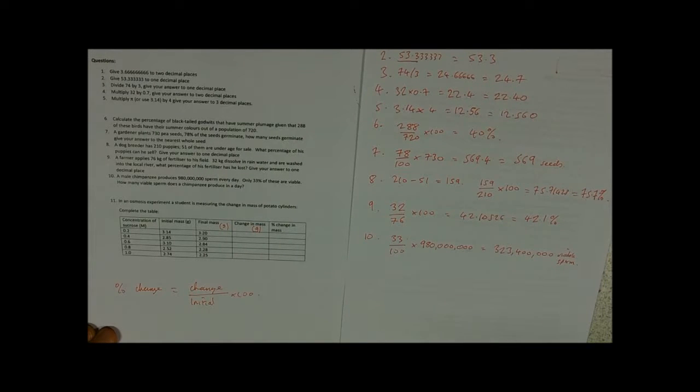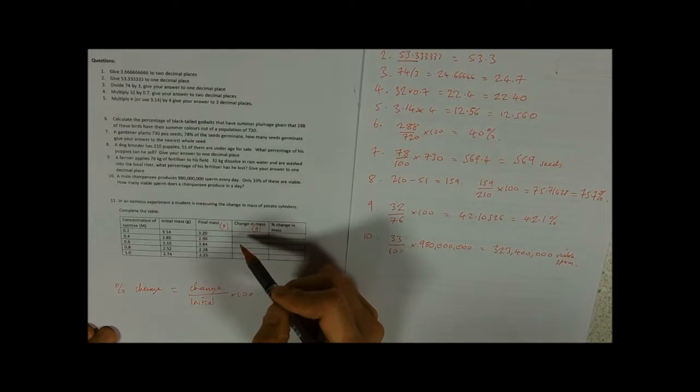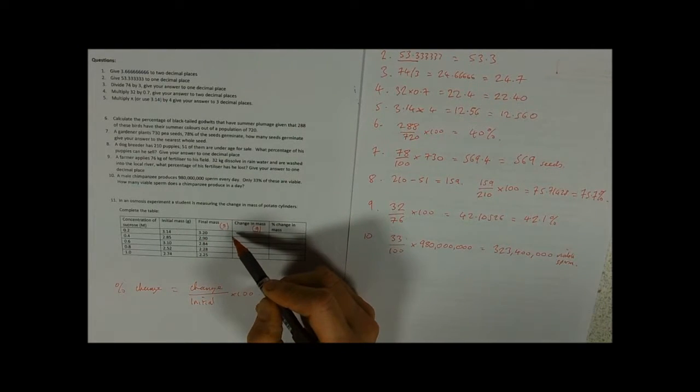And if we could get students to do that consistently in exams, just use this, then we would get loads more marks as a whole. So that's why we've broken this down to do the change first. So the change, you could do some of these in your head, but I'll do them on the calculator.